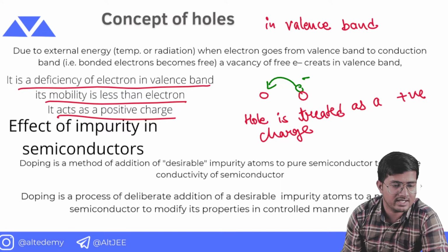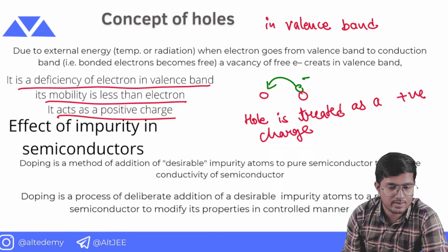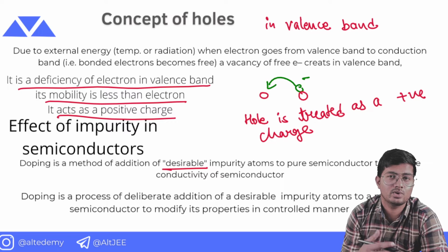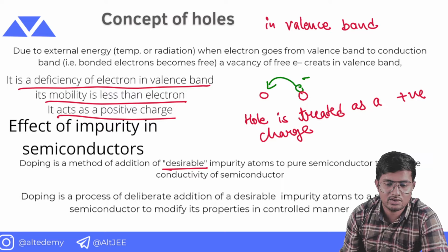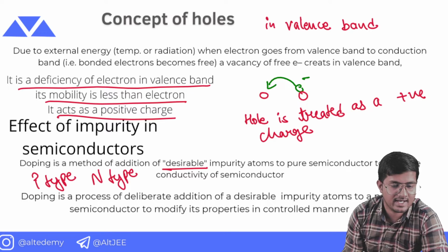Effect of impurity in semiconductors. Doping. What is doping? Doping is addition of impurity. And what impurity? Desirable impurity. What kind of impurity you want to add? It is your desirable impurity. And from here we get two types of semiconductor, either p-type or n-type semiconductor.